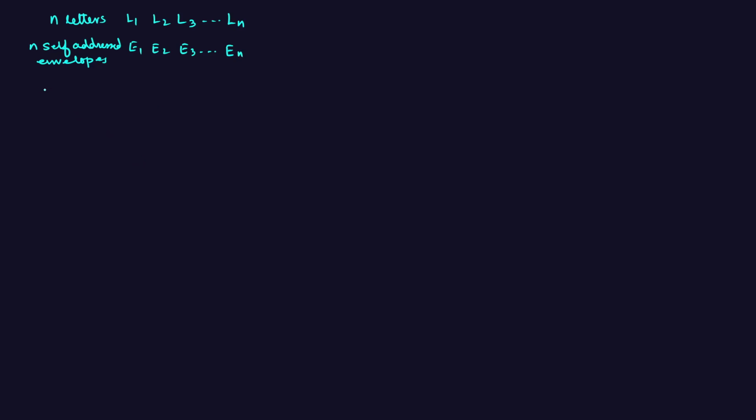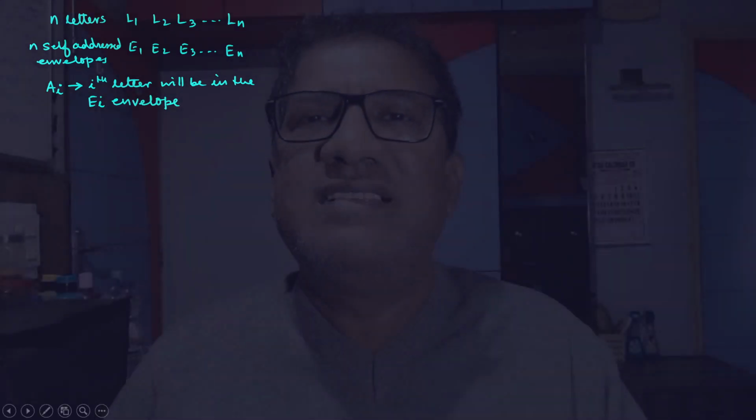At the same time, let me denote by Ai the event that the ith letter will be in the Ei envelope. So what do you mean by Ai?